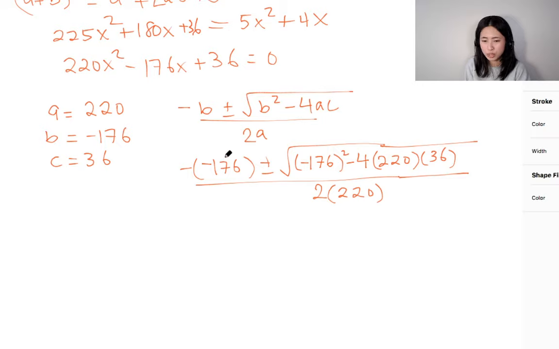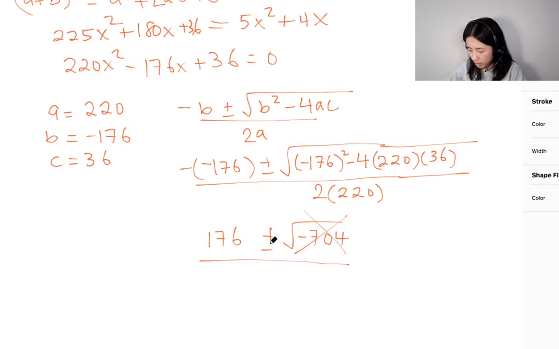You can't really factor this because this is plus or minus square root of negative 704, and this does not happen at all. So you don't have any solutions, therefore this is impossible. So 2 times 220, just to finish that off, 440. Because we have this, therefore there's no solution.